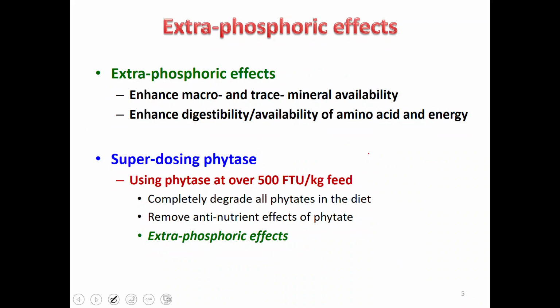However, because this phytate can bind to other minerals, amino acids, and energy-yielding nutrients, when you use phytase in the swine diet, it could improve macro mineral and trace mineral availability and digestibility, and availability of amino acids and energy.